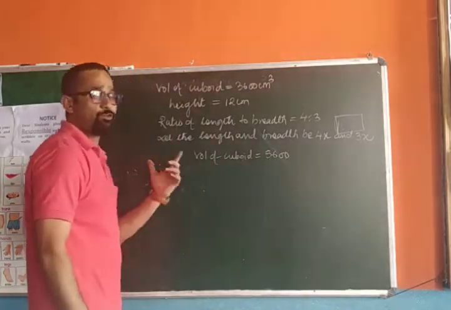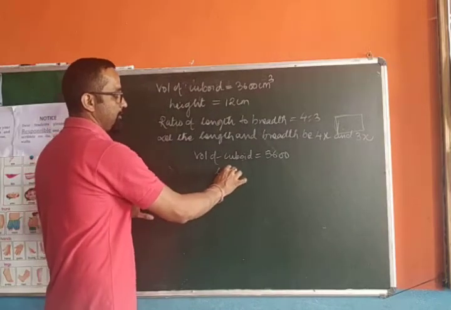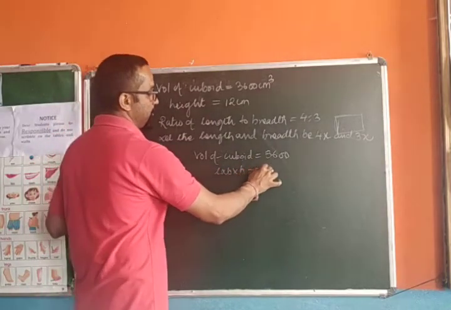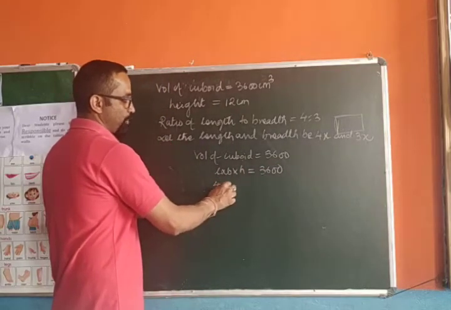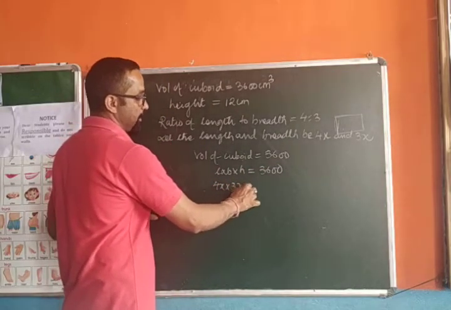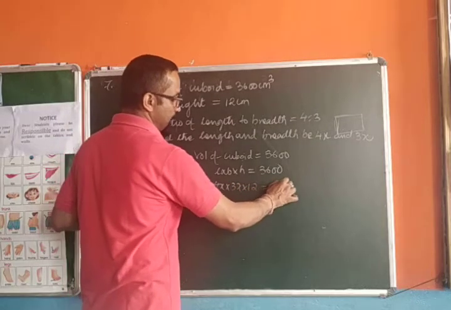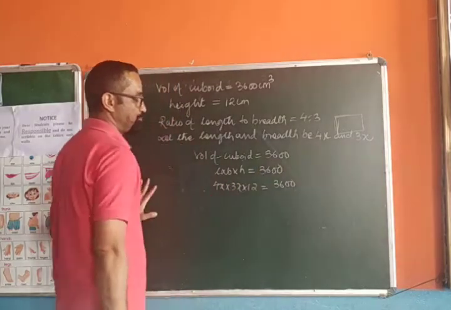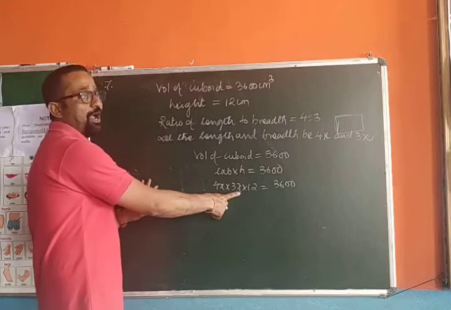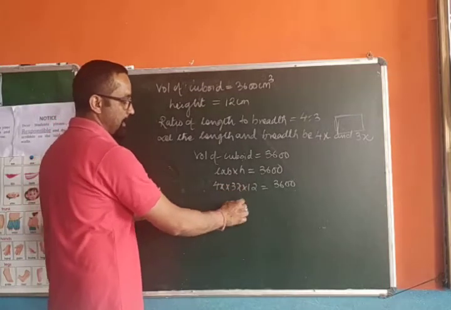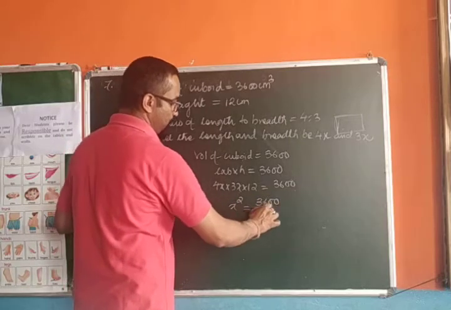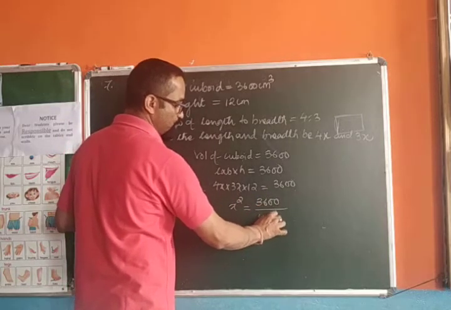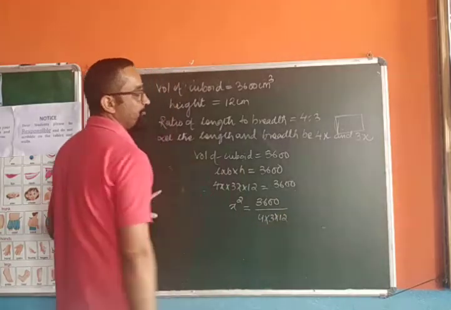3600. Write down the formula on the left hand side. Length into breadth into height equals to 3600. Length is 4x, breadth is 3x, height is 12 equals to 3600. Simplify this. X multiplies x is x square equal to 3600 divided by 4 into 3 into 12.